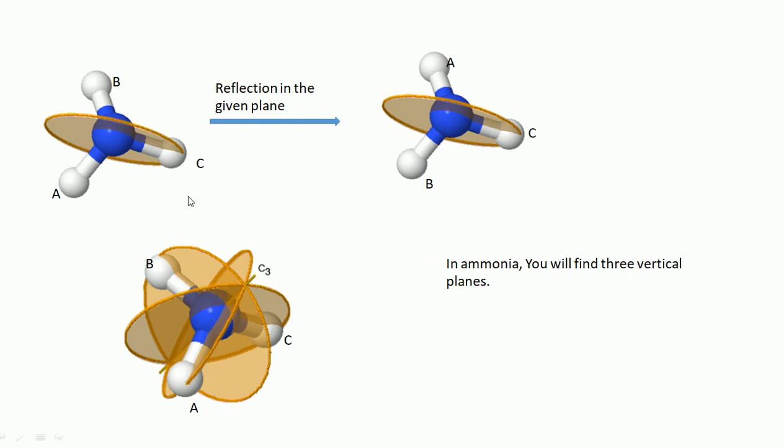Then we take another molecule, which is ammonia, NH3. It's a bird's eye view of the ammonia molecule, and we can take a plane which is passing through nitrogen and one of the hydrogens, which is represented by the letter C. And you get a new image in which A and B swap their positions.